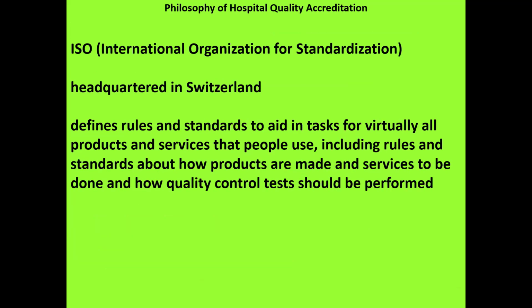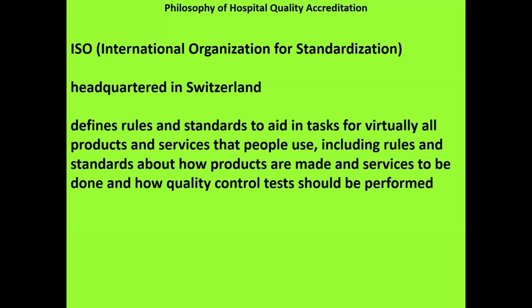To further amplify on the use of the two terms, let me introduce ISO and its work on certification of standards. ISO is the acronym for International Organization for Standardization. It is headquartered in Switzerland.